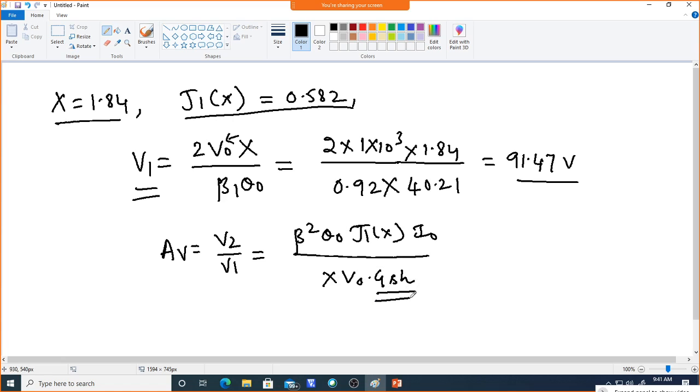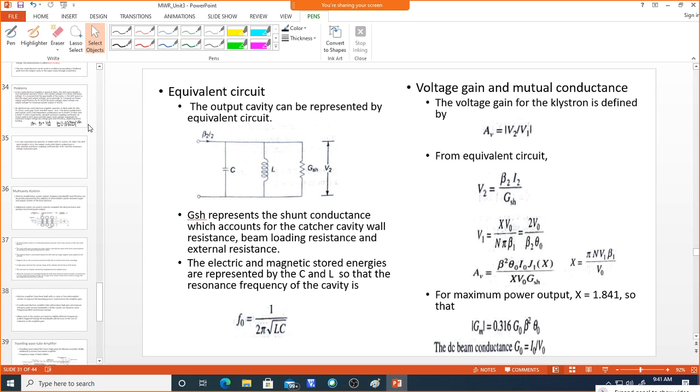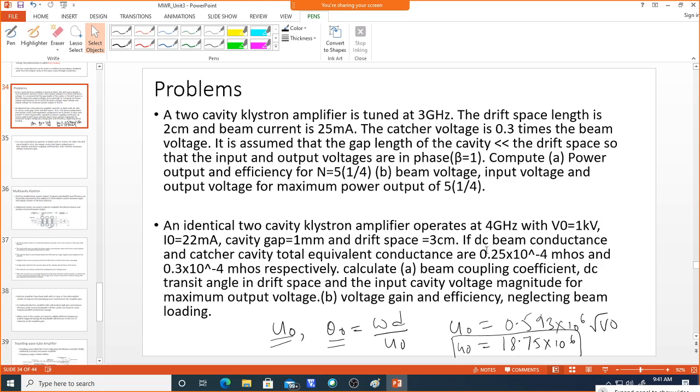Now G_sh, the shunt conductance, is to be found. V naught we know, the bunching parameter we know, and the Bessel function we know. I naught is given in the problem, 22 milliampere. So substitute that.